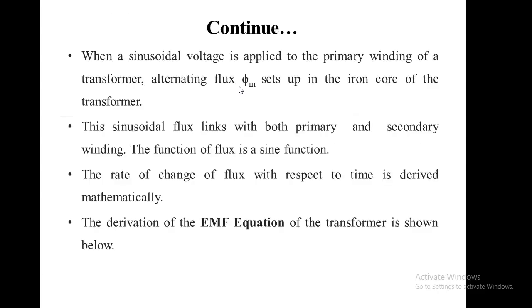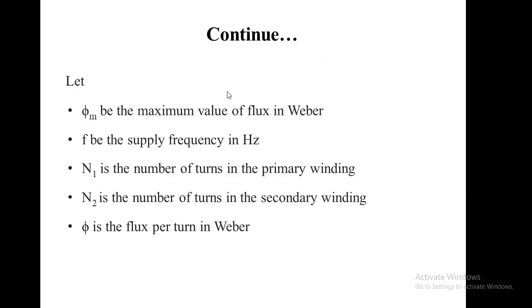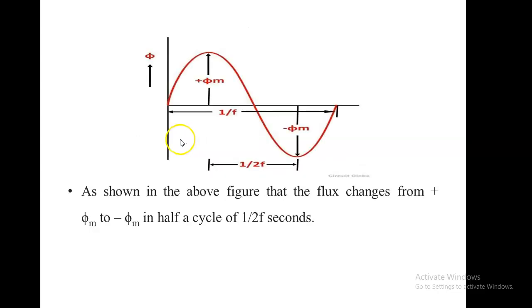So let's see here. Consider an alternating flux which is produced across the primary. This is the flux waveform, that is the variation of flux with respect to time. Here on the x-axis we represent time in seconds, and on the y-axis the flux.